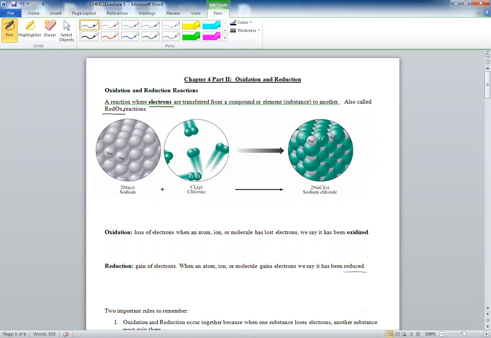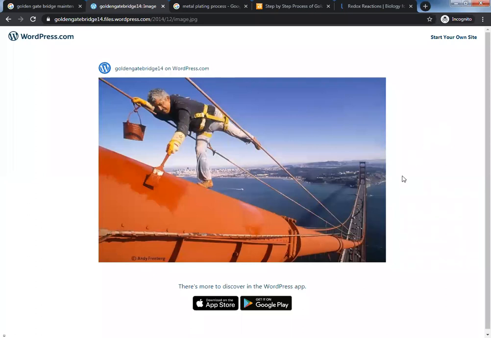It's a very, very important topic. You may think of it as strictly a chemistry topic, but it's incredibly relevant to everything you can think of. So I'm going to show you an example of each, before we begin discussing the nature of these reactions. Right here, this is the Golden Gate Bridge.